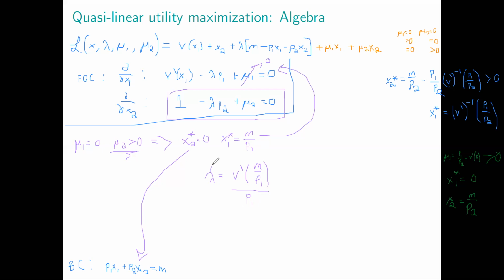From there, we plug this into this equation here, and we get mu2 is equal to v prime of m over p1, over p1, times p2 over p1, and then minus 1.